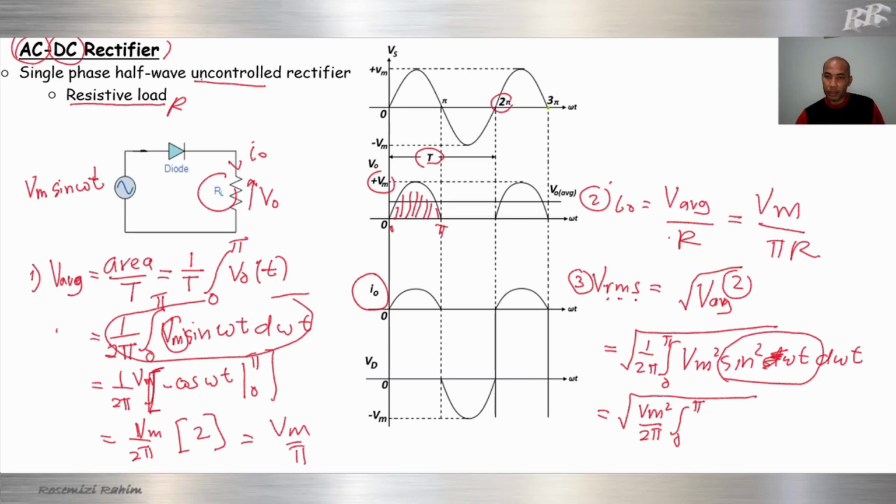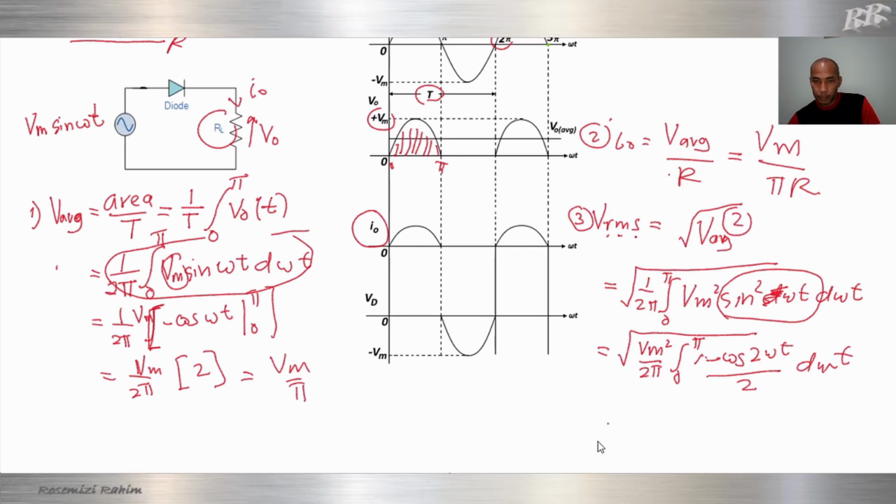We can simplify this using the identity that sine squared omega t is equal to (1 minus cos 2 omega t) divided by 2, d omega t. When we solve this, it equals Vm over 2. This one is VRMS.